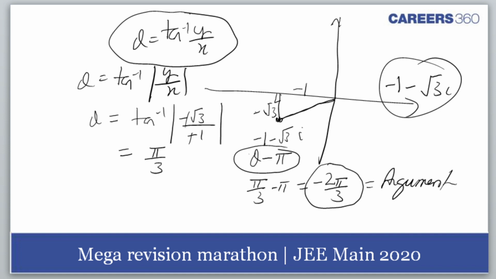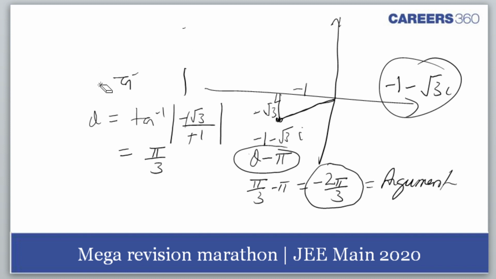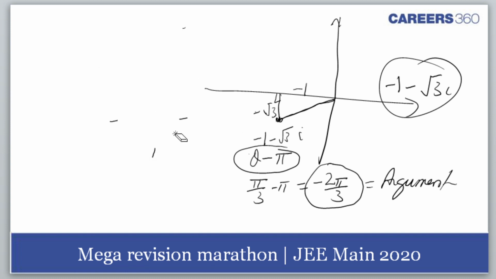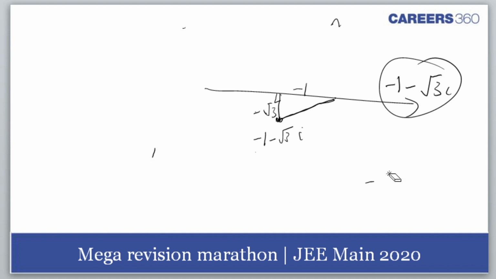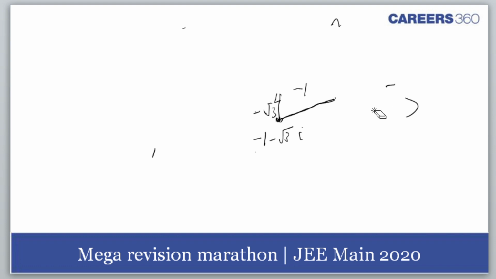So just a moment, students. I'm talking about the argument of a complex number. How we'll find out argument of a complex number. Okay. So how do we do this? We write the complex number. We define an angle alpha. Okay.